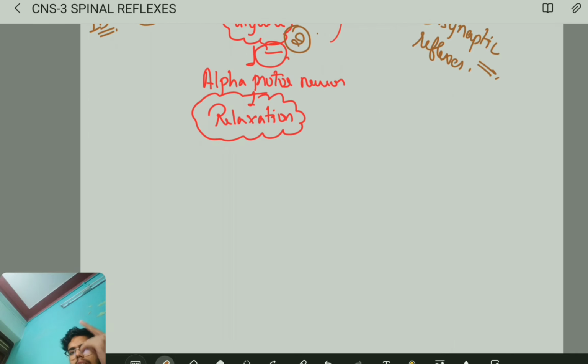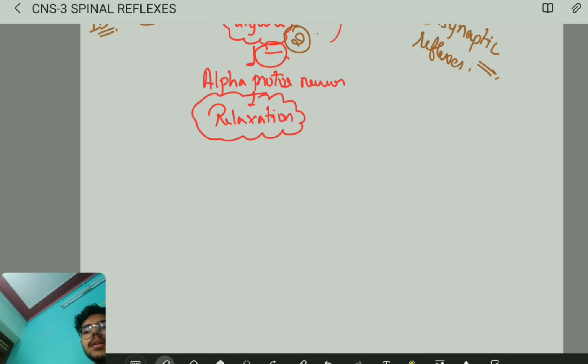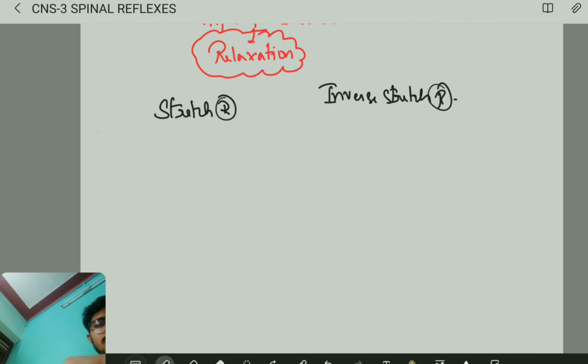Now what they are going to ask you in the exam is to differentiate between stretch reflex and inverse stretch reflex. Very simple to write. You know the 5 components of the reflex arc, right? Explain them. I'll help you.